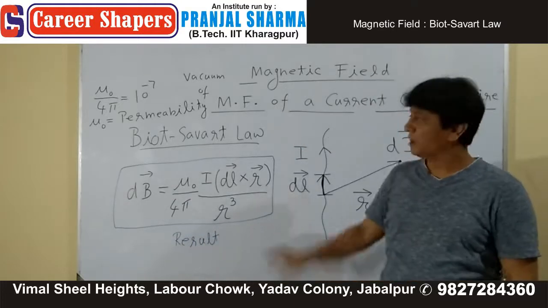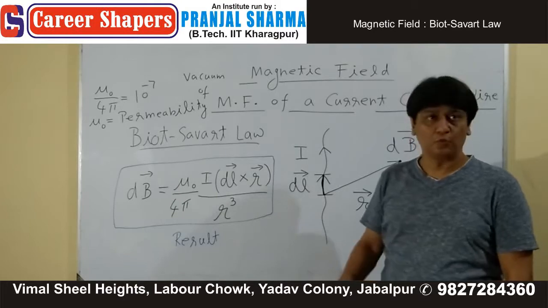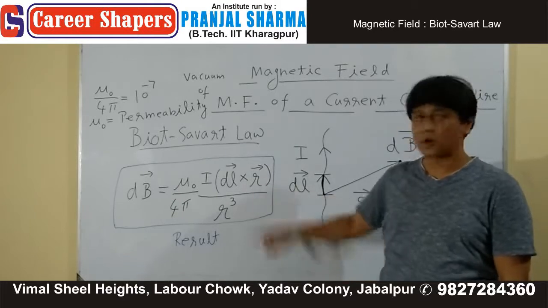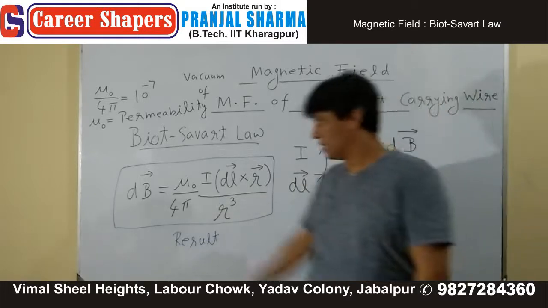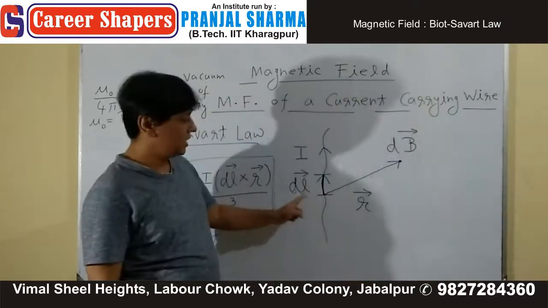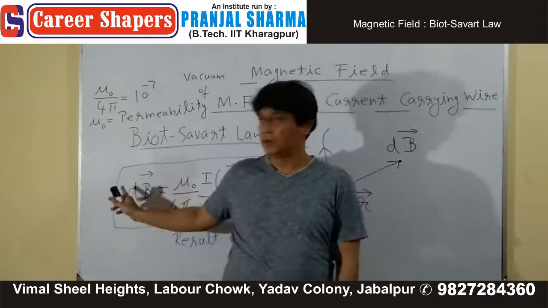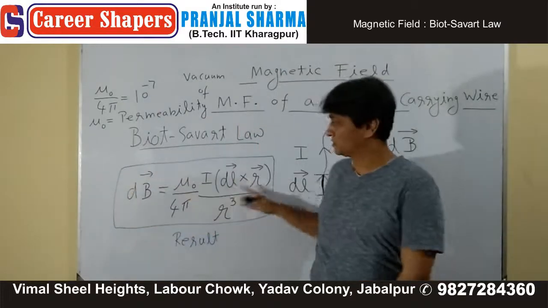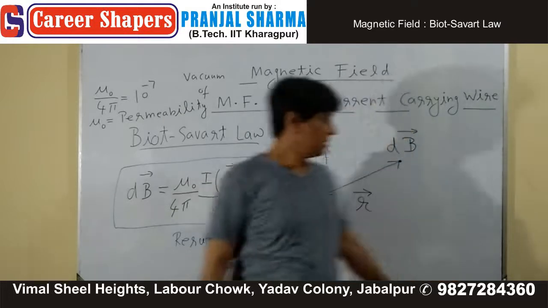Now, let me see how comfortable you are with cross product, and then we'll go into the detail. Look at dl and r. dB, which is coming from this, is the cross product of dl and r.